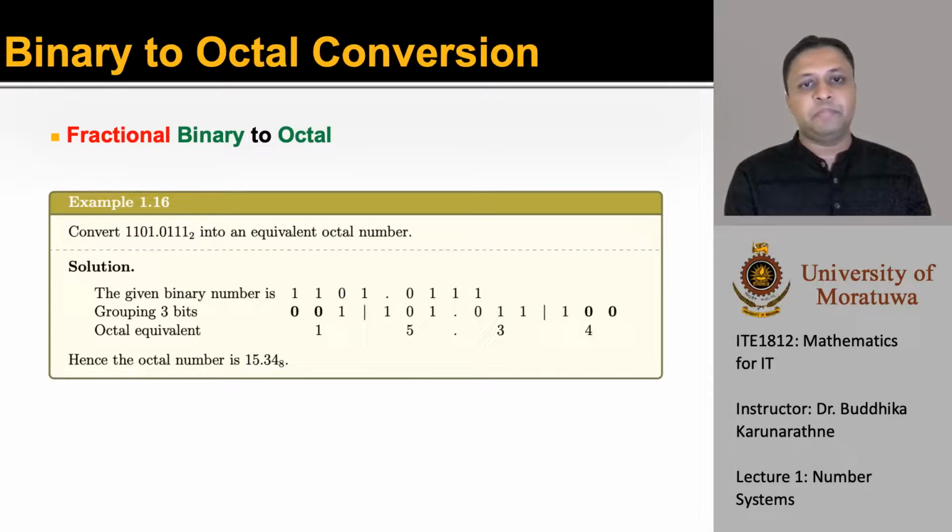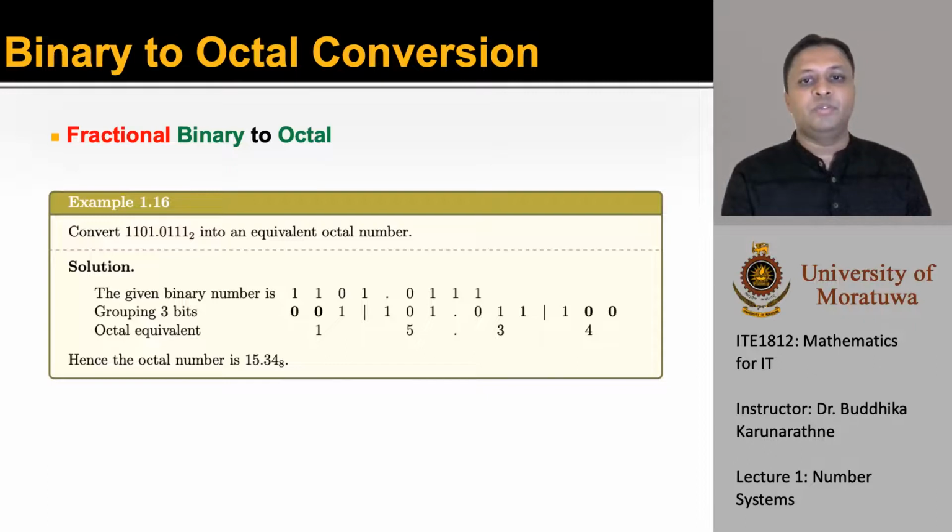So for the integer part, you start from the least significant bit, the rightmost bit, and group them into 3 digits. And for the fractional part, you do the opposite.